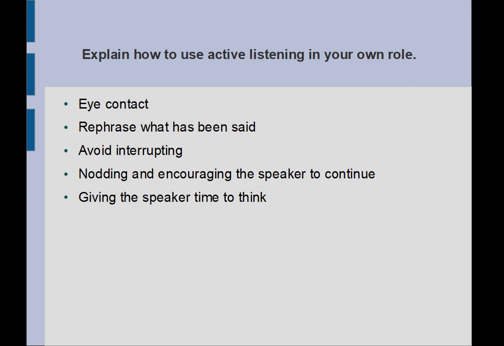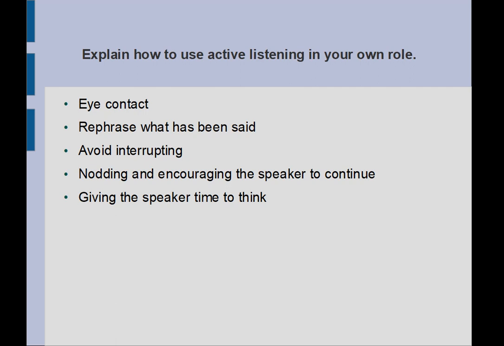When they're looking back, you want to nod along, make some encouraging noises like yes, to encourage them to keep talking. Just so they know that you're interested. If people don't feel that you're interested in what they're saying, they're not going to keep talking. So that's one way.